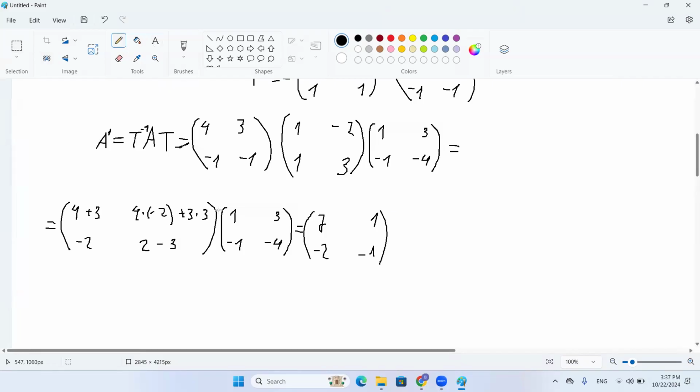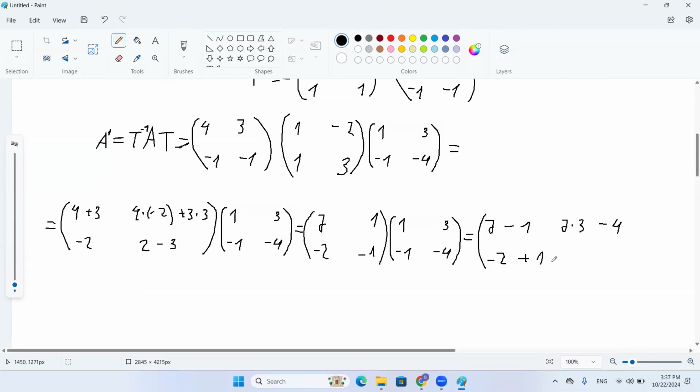And again, multiplying by matrix T. So 7 minus 1, then 7 by 3 minus 4, then minus 2 plus 1, and then minus 2 by 3 plus 4. 6. 21 minus 4, 17.